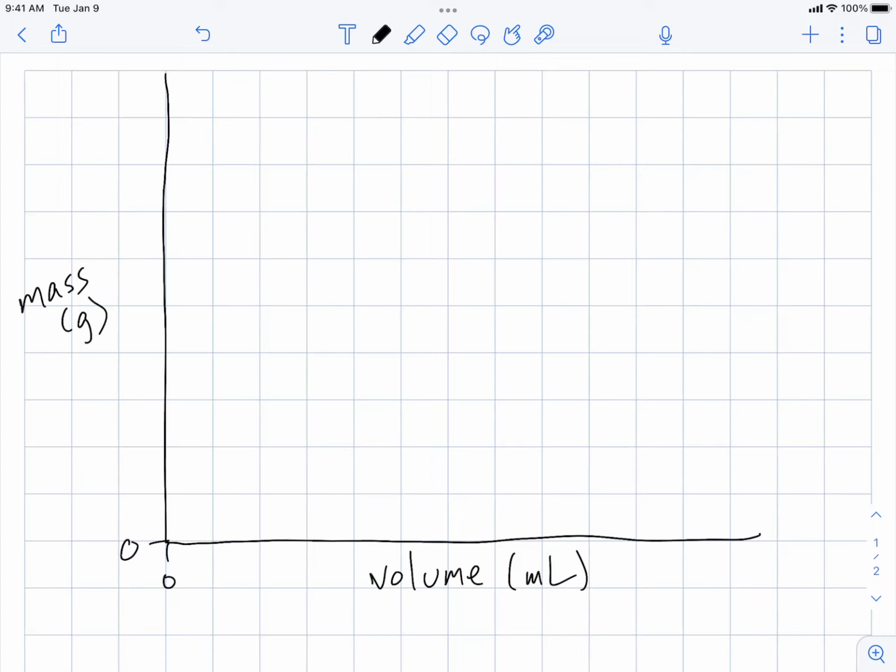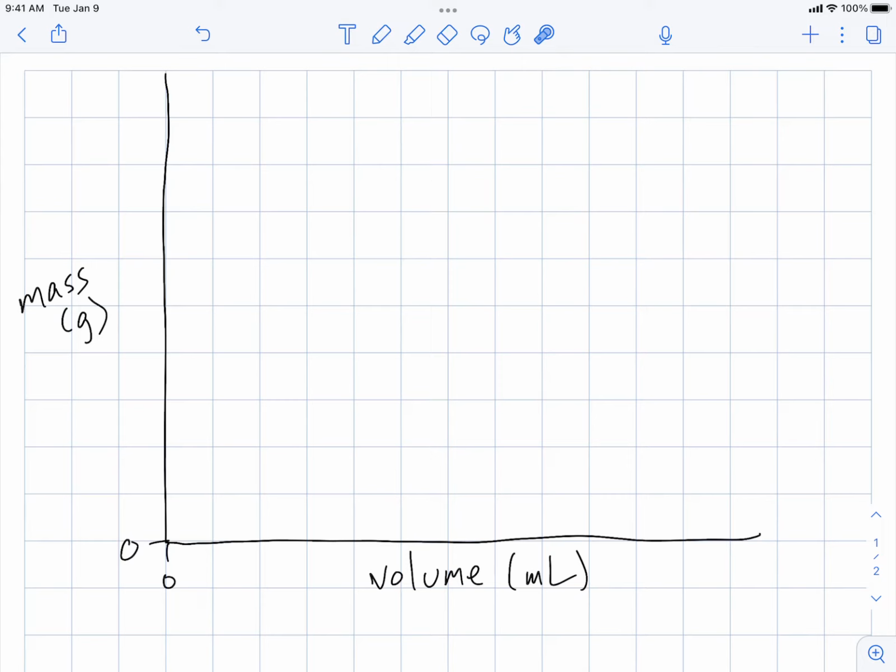Next, you want to look at your graph and count how many boxes you have on each axis. We can start out with the y-axis, mass. So if I had 1, 2, 3, 4, 5, 6, 7, 8, 9, 10, so you have 10 boxes. Your graph paper may have more. If you used a template that had smaller boxes, you might have more. But we've got 10 on my screen.